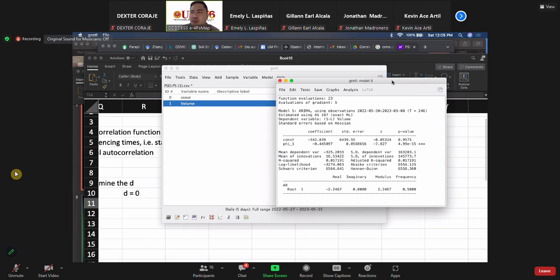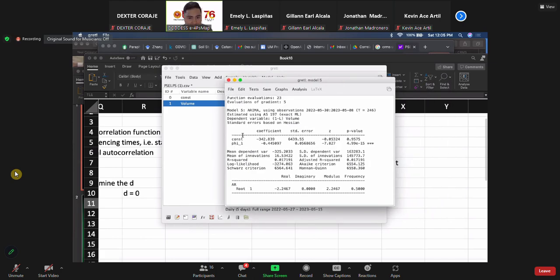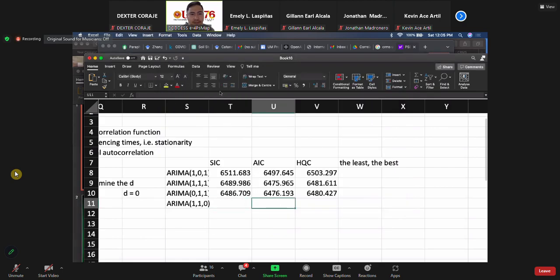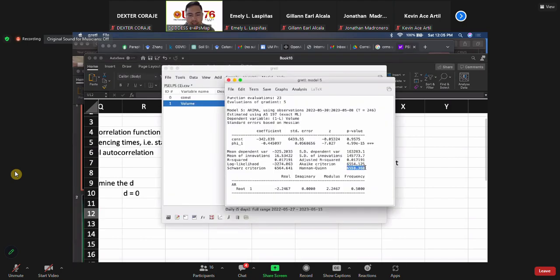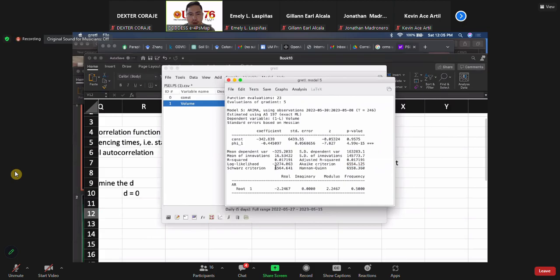When trying an autoregressive term at first difference without considering the moving average terms, the data is exhibiting an autoregressive function because of the significant p-value here. After that, you report the Akaike criterion here, and then the Hannan-Quinn, and then the sum of squares.